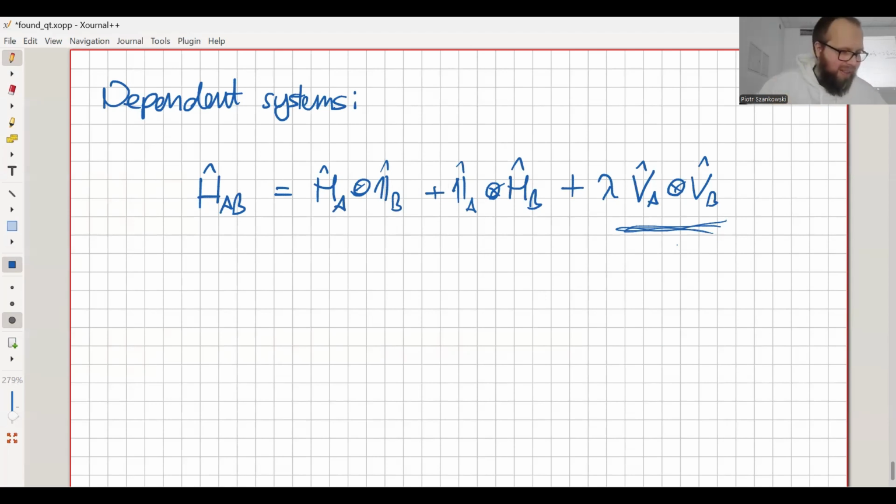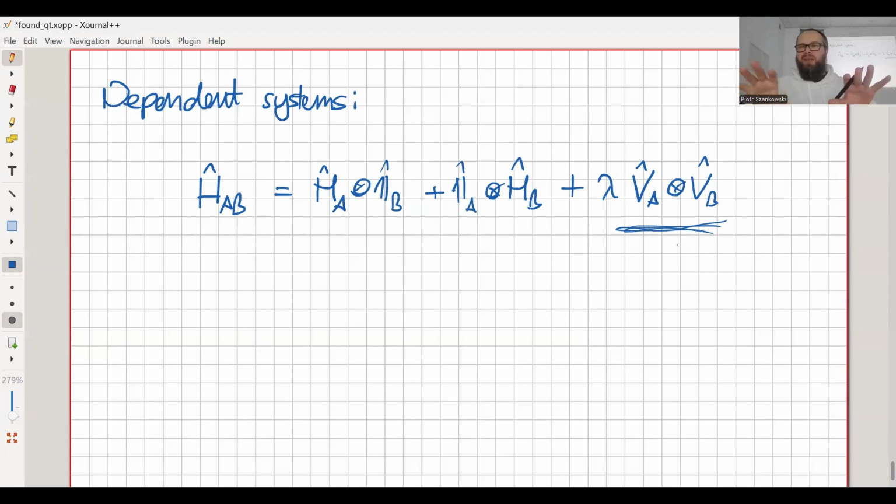Okay, and one way to do this analysis, to actually break down how systems influence each other, one way that I think is really helpful, is to analyze a biprobability.